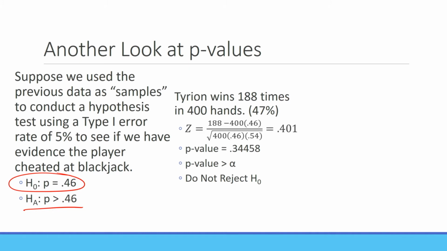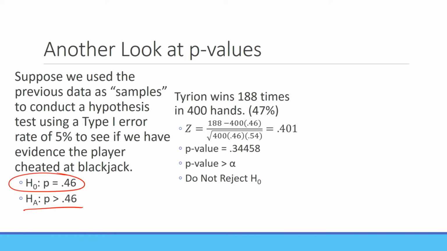So, if we actually went through and conducted this hypothesis test, assuming Tyrion's results were our sample, we'd need to calculate our z-value. X, the number of times he won, would be 188, n is 400, and p naught is 0.46, and so on and so forth.